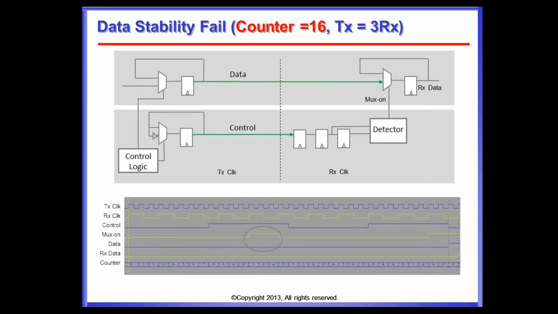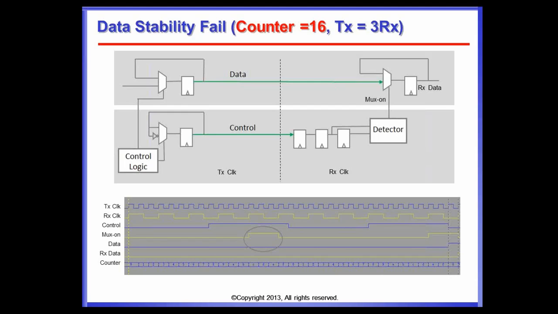For a counter value of 16, which also fails, you see that there's a good case, and then it also fails at the immediate edge taking over the data. For the case of 15, I don't have a waveform because we don't yet show the good case, and I would have to draw one.